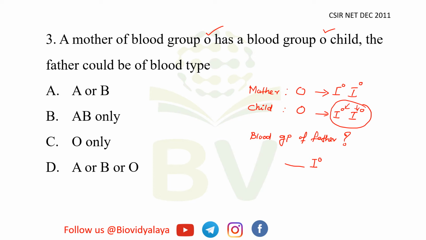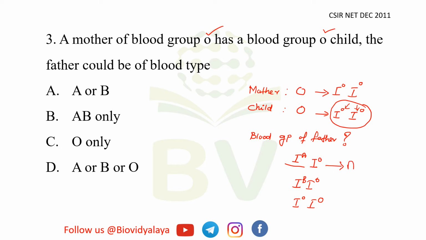So the father's genotype can be IAIO, IBIO, IOIO. What is the phenotype of IAIO?